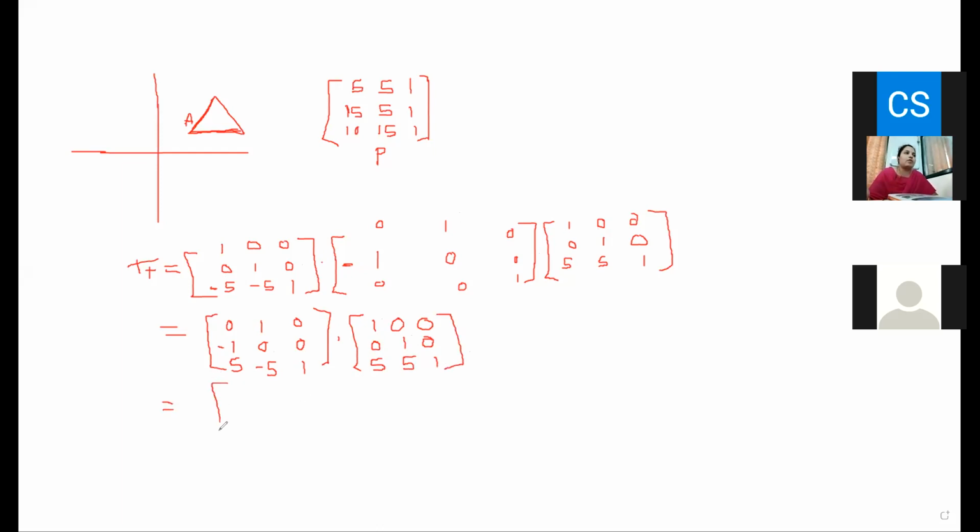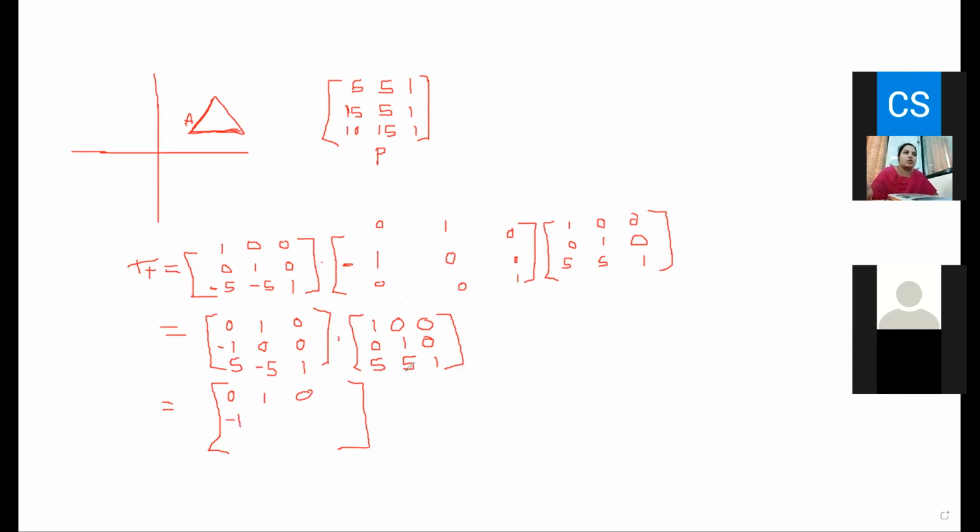Now I will perform the multiplication again, and this will give you the T total value. So 0, 1, 0 into this. So it will become 0. This into second. So 1 into 1, only 1 here it will be. This into third is 0. Then second row, first column is -1.